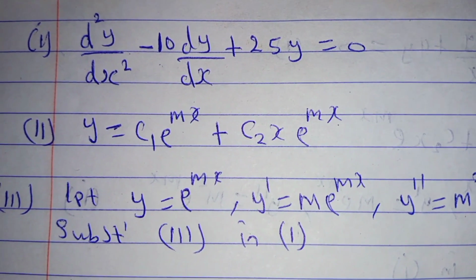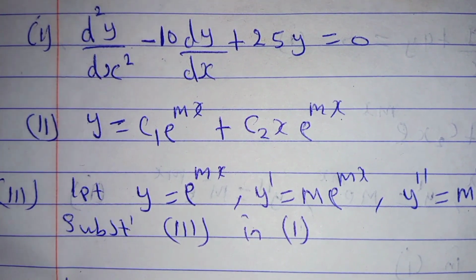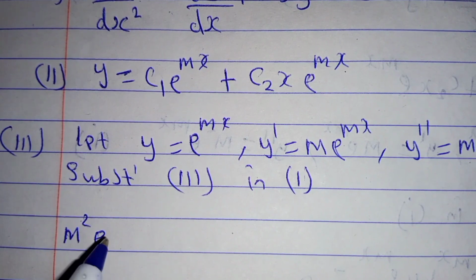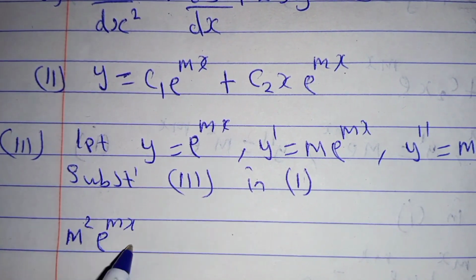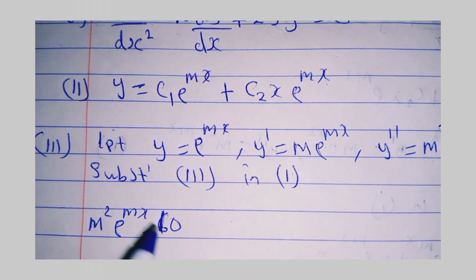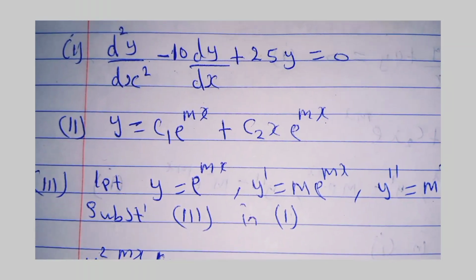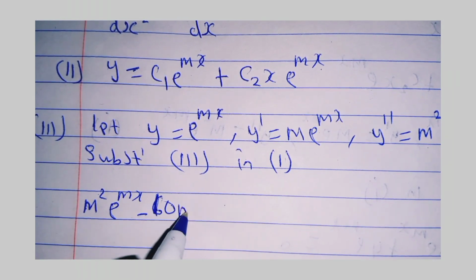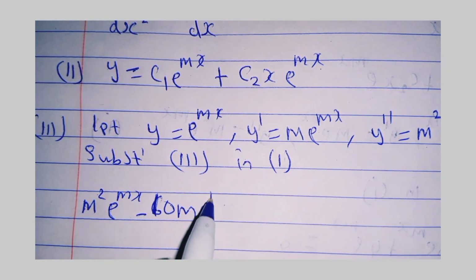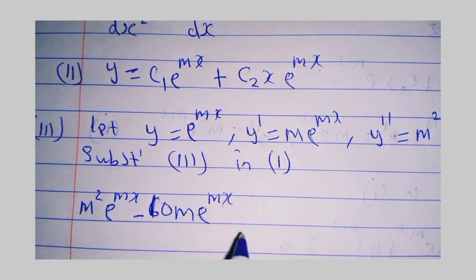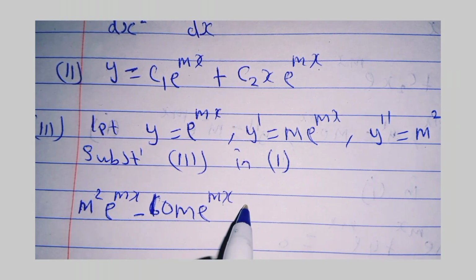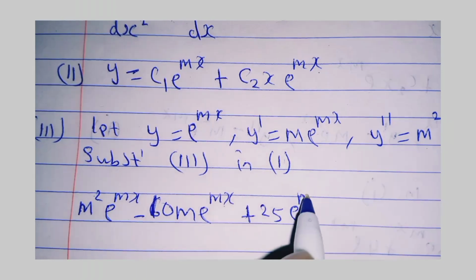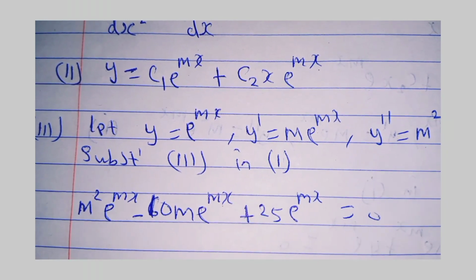So you are going to do exactly that, whereby you will get m squared exponential mx minus 10m exponential mx plus 25 exponential mx, which is equal to 0.